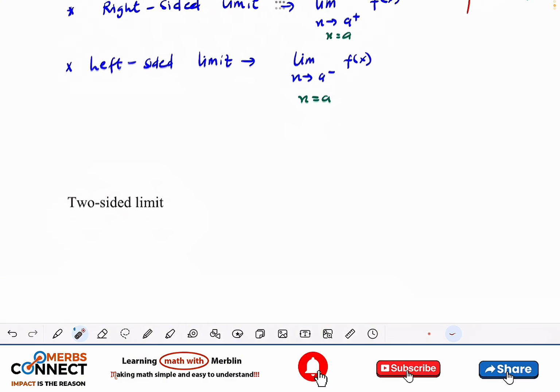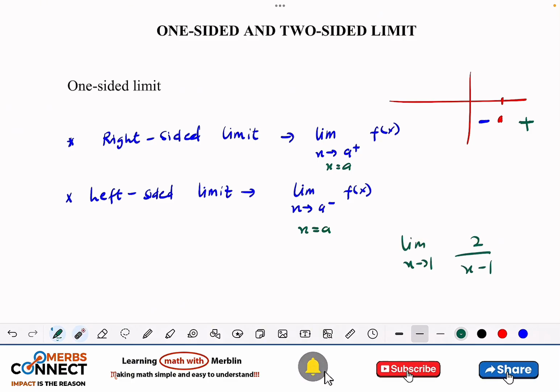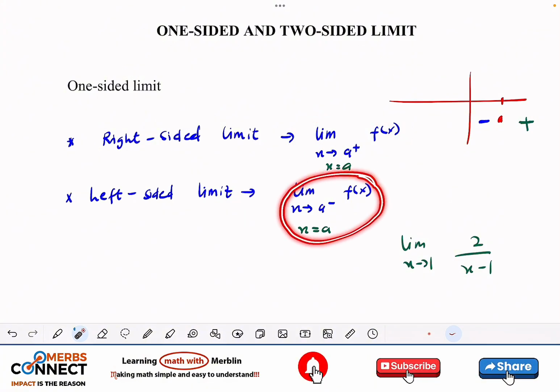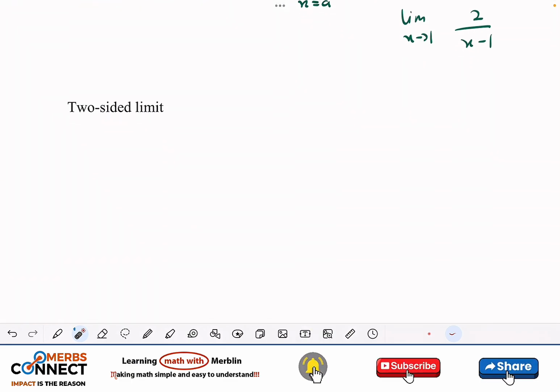Now, two-sided limit comes in when we conclude. For example, the limit as x is approaching 1 of 2 divided by x minus 1. For us to conclude whether the limit exists or does not exist, we need to check the right-sided and the left-sided, and when we conclude that they are the same, then we can conclude on the two-sided limit.